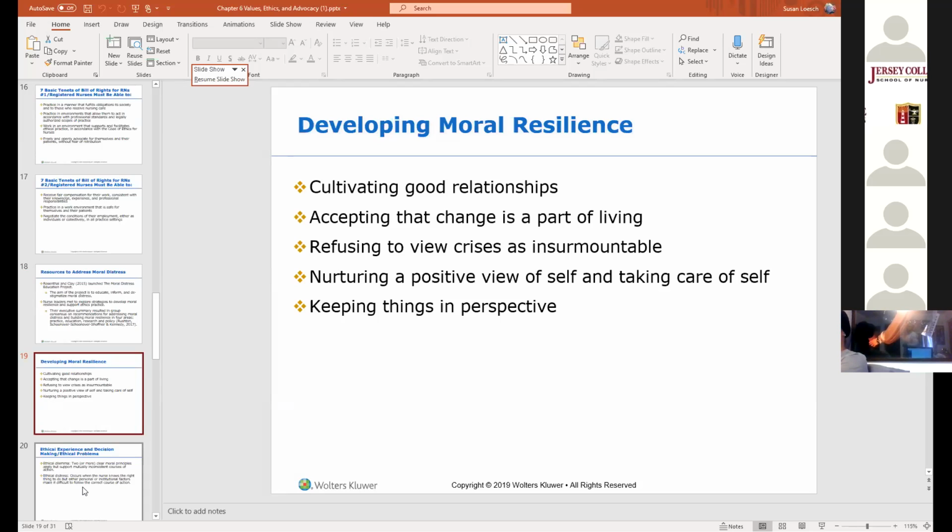Crisis is going to happen. We can't stop it sometimes, but we can change our reaction to it. And we can nurture a positive view of ourselves, taking care of ourselves, and we can keep things in perspective.